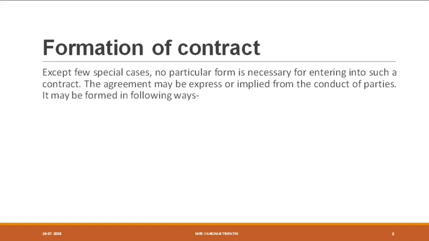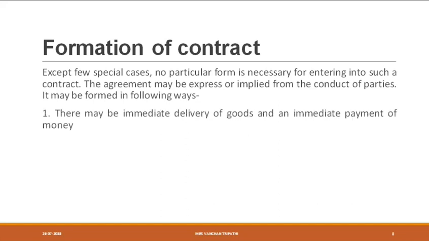So except in a few special cases, there is no particular format given under this contract for the formation of a contract of sale of goods. So the agreement may be expressed or implied.